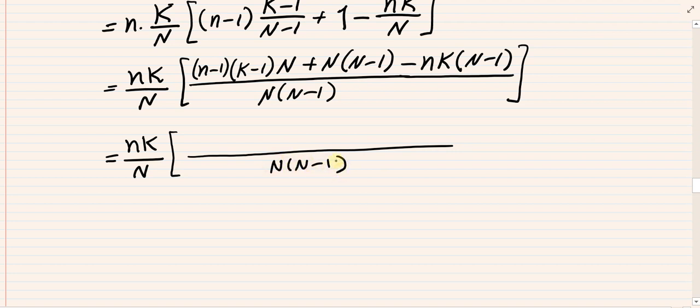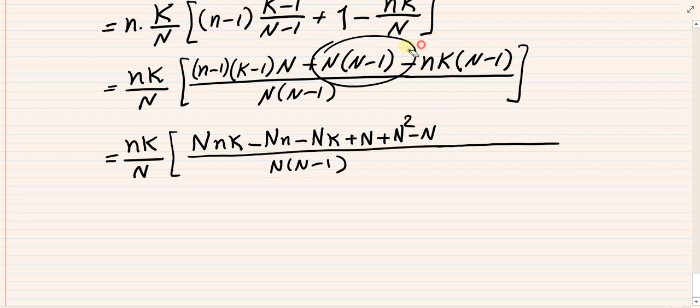Now in the numerator, when we distribute, we're going to get capital N k minus capital N minus capital N k plus n, right, when we FOIL them, plus capital N squared minus capital N, that's just distributing the middle one, and distributing the last binomial, we get negative nk, minus times negative becomes positive nk.